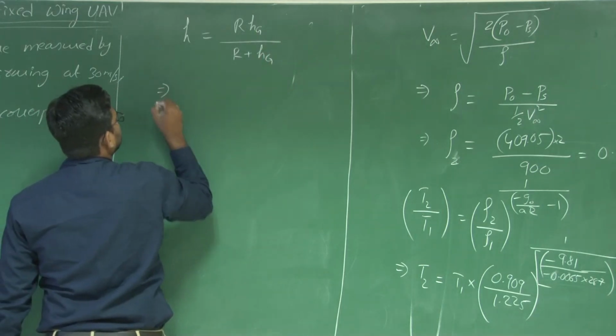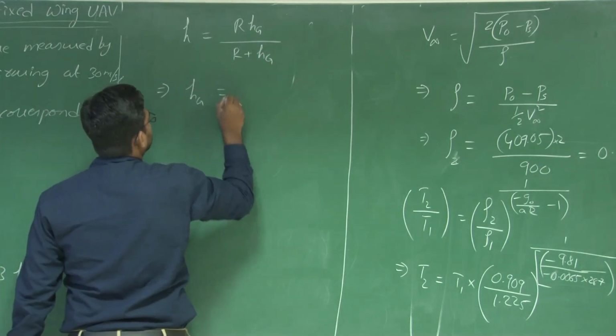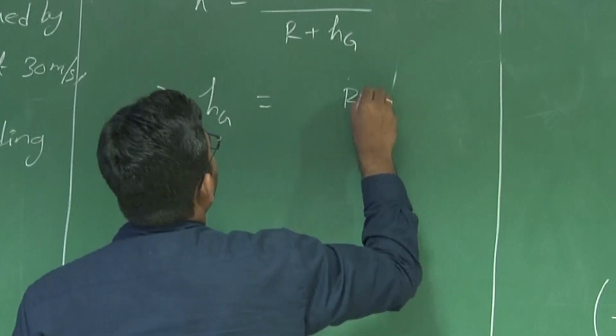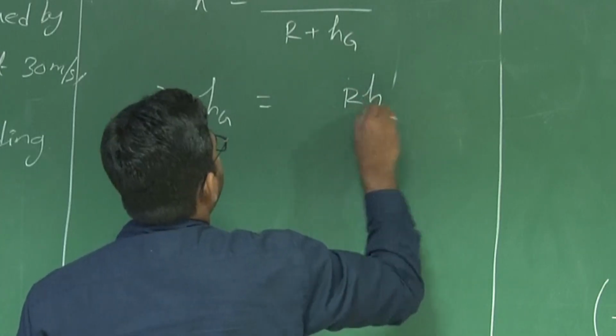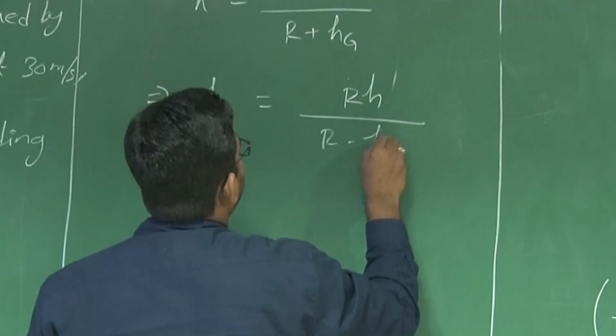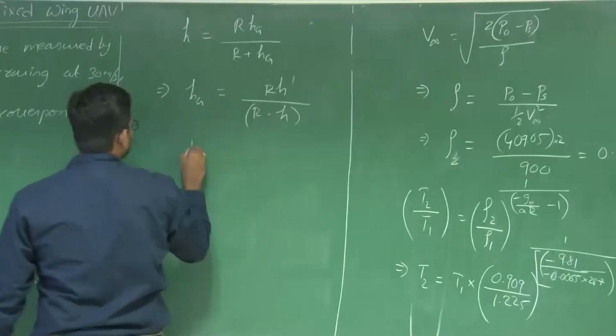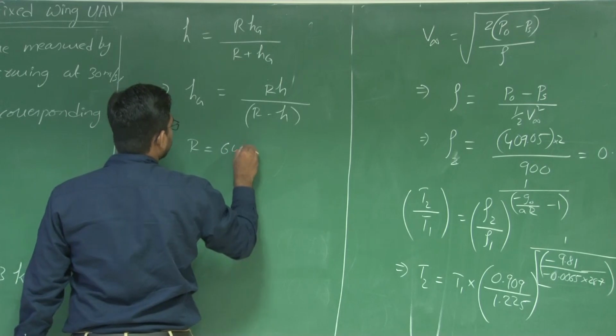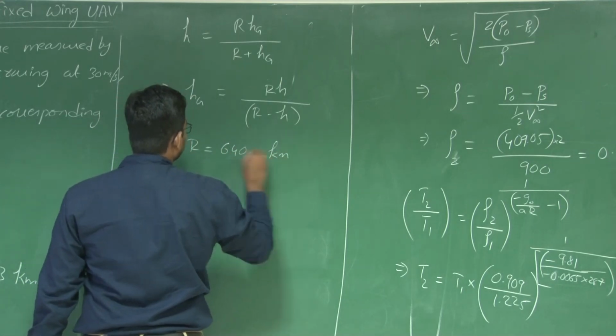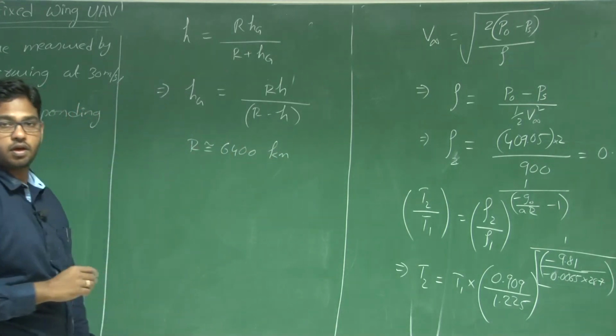This implies Hg is equal to R into H divided by R minus H, where R is approximately 6400 kilometers, the radius of Earth.